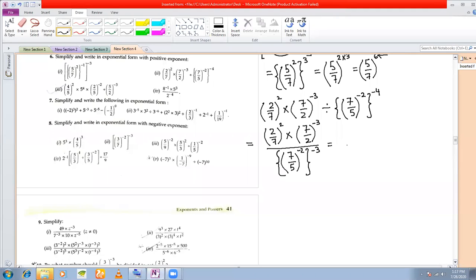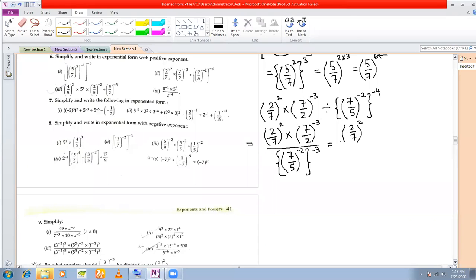Now I'll simplify the numerator and the denominator. You can simplify it together or you can simplify it separately. Okay, so let me simplify it together. Look at the numerator first. The numerator, you see, here I have a 2 by 7, here I have a 7 by 2, which is nothing but reciprocal of each other, right? So what I do is I convert 7 by 2 to 2 by 7.